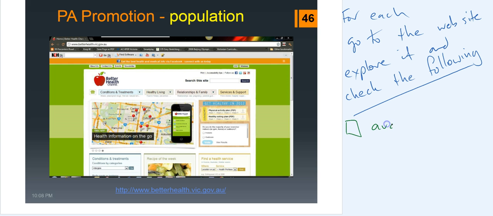The audience. So who is it being aimed at? Languages. How many languages does the website support? Is there information for different ages?